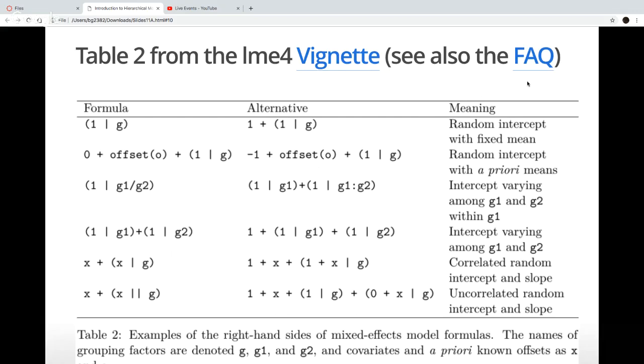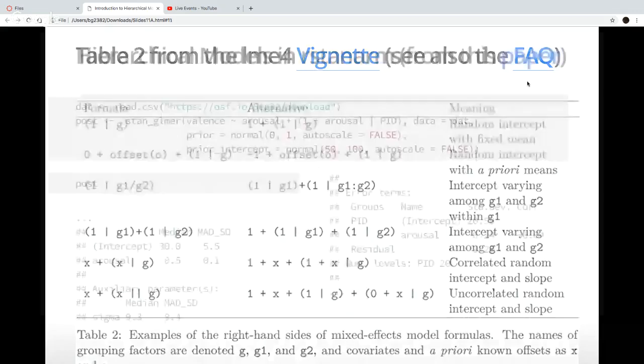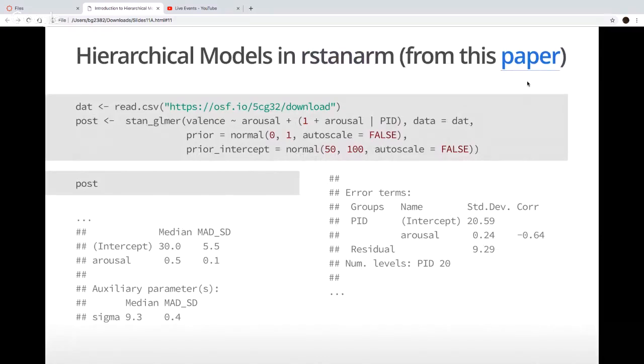But when you start doing multi-level models, that breaks down, and the mode is often in a weird place and has no real correspondence to the posterior mean or the posterior median. So you have to do a genuinely Bayesian MCMC approach in order to figure out where posterior means and medians and whatnot are. An example of that comes from a paper in a psychology journal that Jonah did with some people he met on the internet.